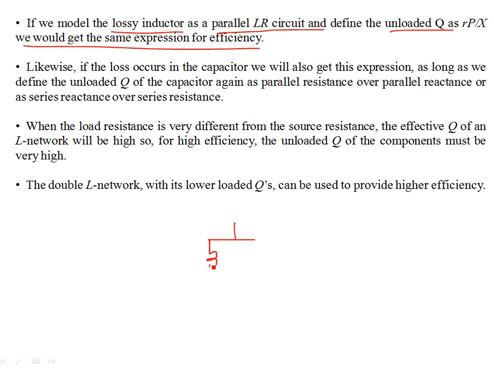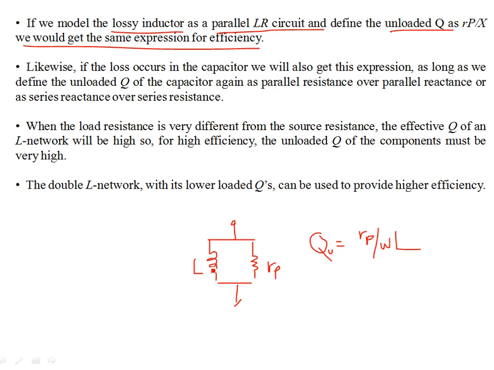If you model the loss in the inductor as a parallel resistance RP, then in a parallel RL circuit the quality factor is the inverse of that in series. So again the component quality factor will be RP over XL, which is omega L at that particular frequency.